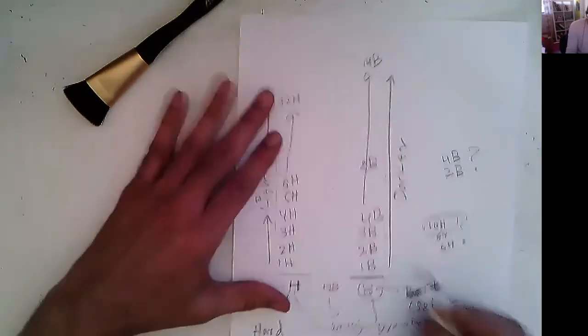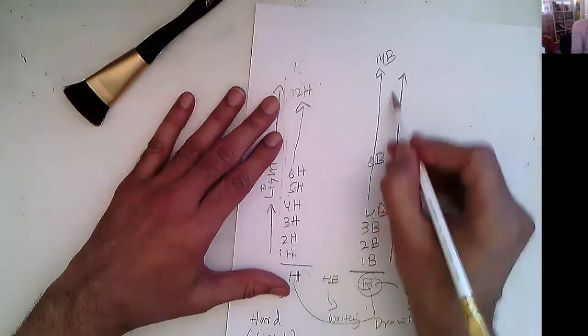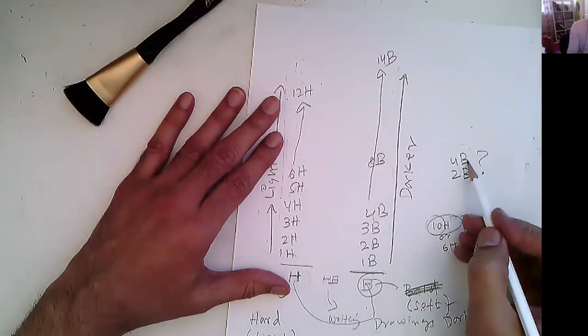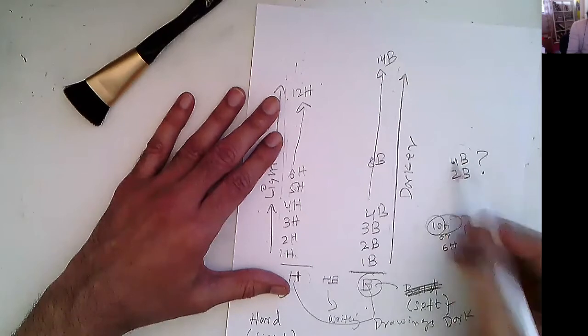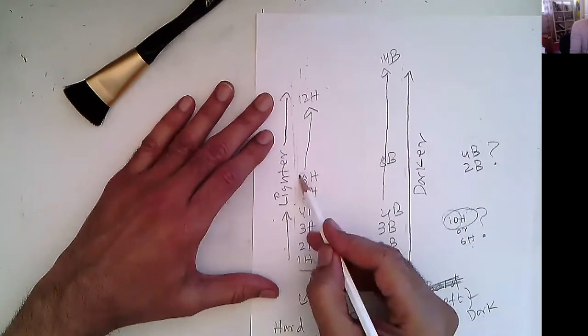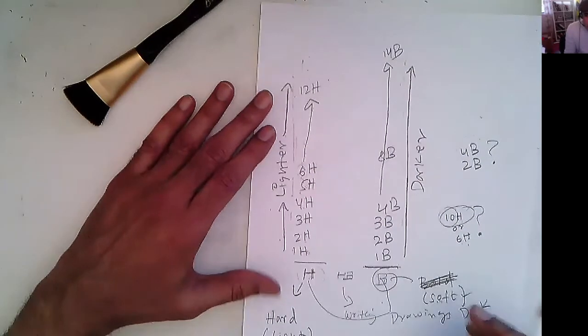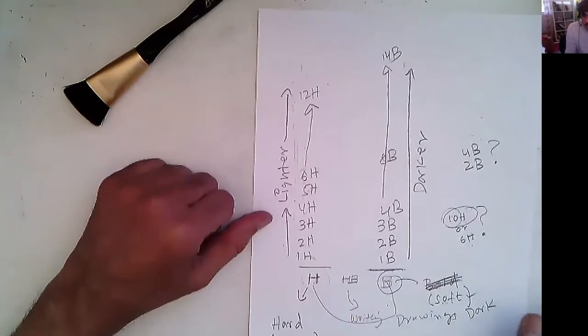The same here. As the number goes up, it gets darker. So bigger the number at the B side, darker the pencil. Bigger the number at the H side, lighter the pencil. That's the simple thing you need to remember.